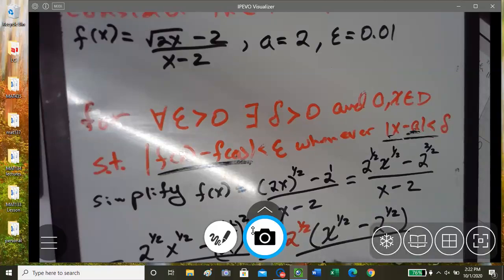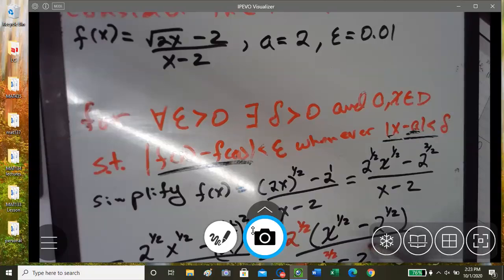x minus 2. So what we want to do here is get this x minus 2 to be something like this, make it a difference of two squares, and then factor it. So what we can do with this denominator is say, this is the same thing as x to the 2 over 2, because that's 1.